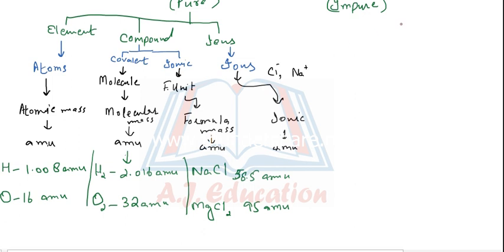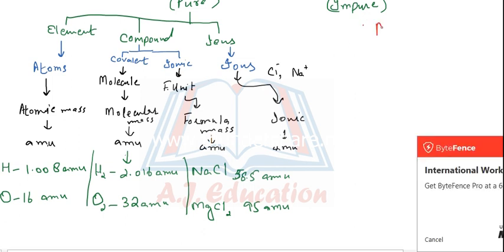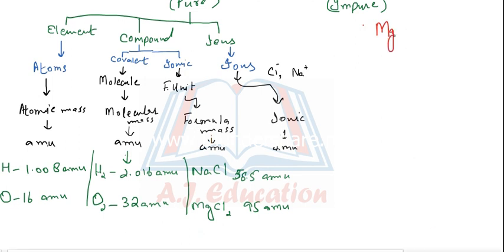For MgCl2, we need the mass of magnesium, that is there is only one atom, and you know that it's one over there. The mass of magnesium is 24. Just multiply it with its number of atoms and add the mass of all the chlorine atoms.